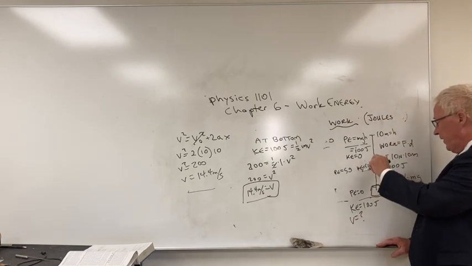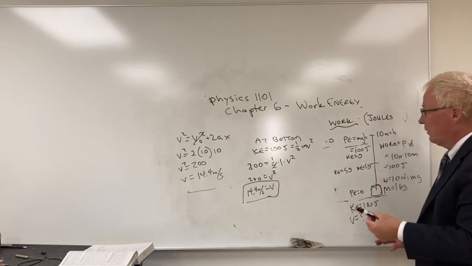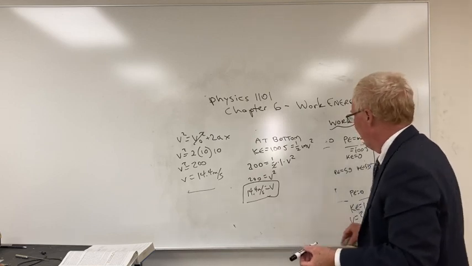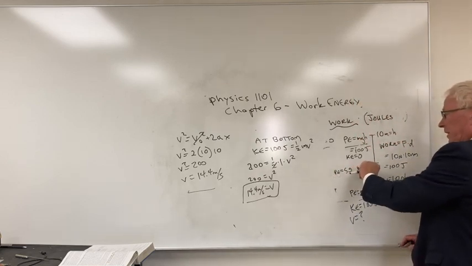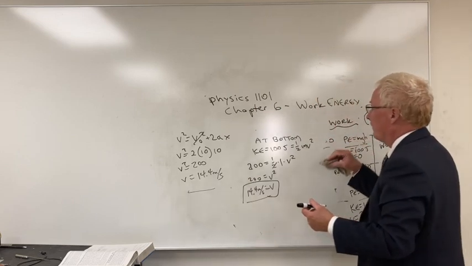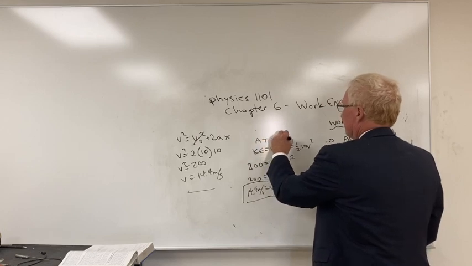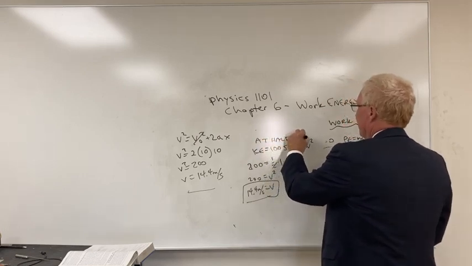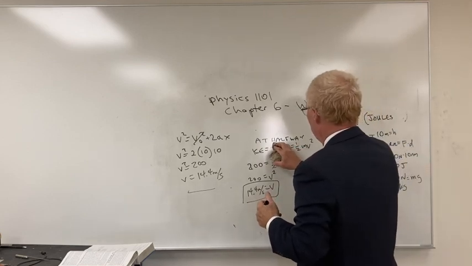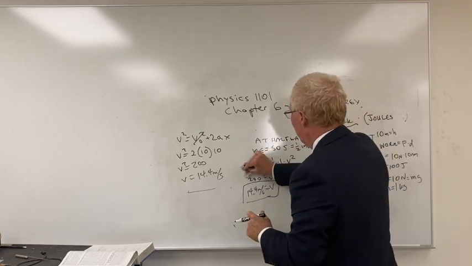So we can actually find out what the energy is halfway down. And then how fast is it going halfway down? We could do the same thing. Halfway down is half potential, half kinetic. In that case, halfway, this is going to be easier. This would be 50 joules. Then that would become 100.